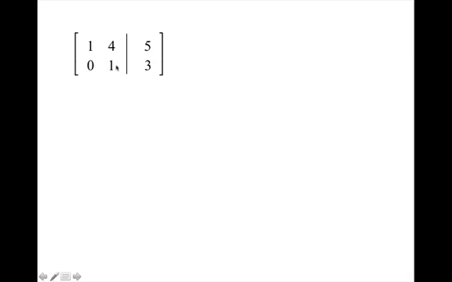Now that I have my 1 in place, I want the 4 to become a 0. So think of this as a 4y and this as a 1y. In order for these to eliminate, I need to make the 1 become a -4. Since it's in row 2, I'm going to multiply row 2 by -4. Then I'm going to add the rows together. So I'm going to add row 1. And since I want to change row 1, this is going to become my new row 1.